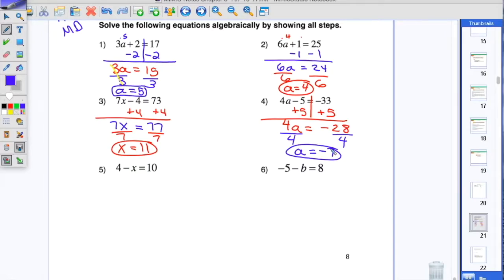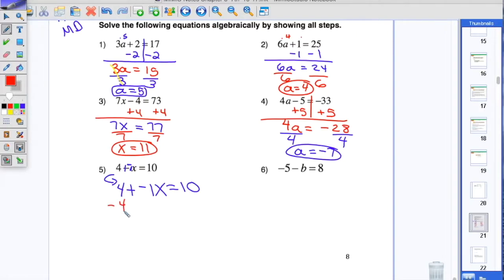Number 5, we have 4 minus x is equal to 10. In this example, the x term comes second. So we're going to rewrite this by adding the opposite, and we're going to put a 1 in front of the x. So 4 minus, which we're going to change to addition, and then a negative 1x is equal to 10. We have to undo what's being added, and the 4 is what's being added.